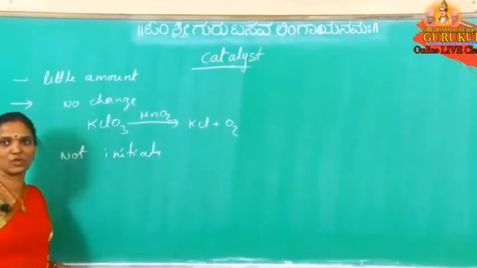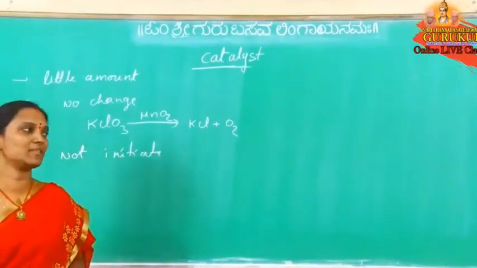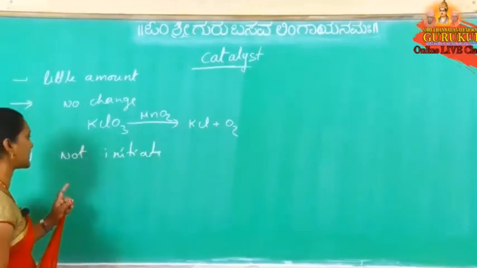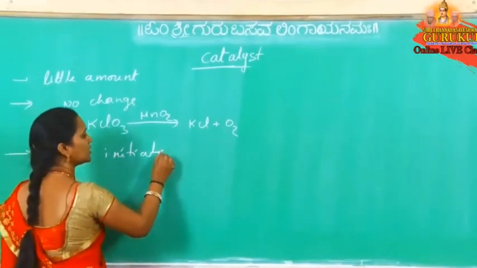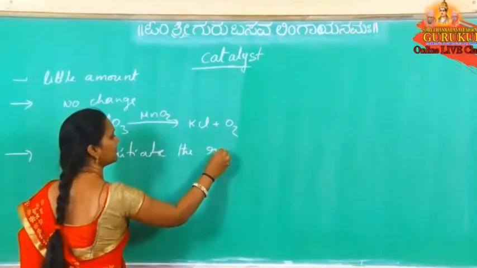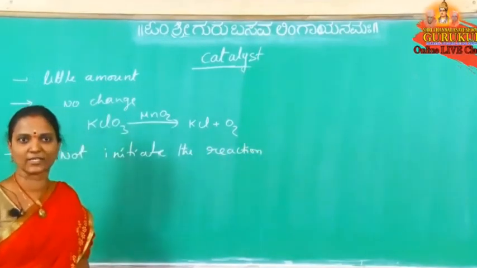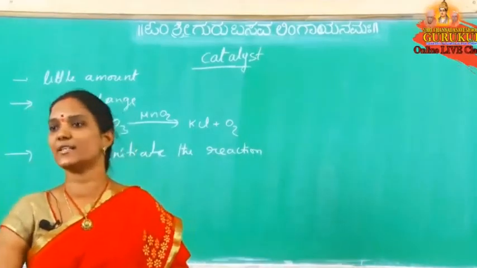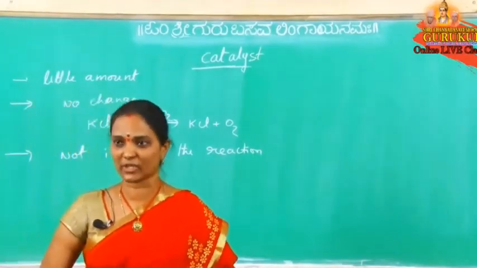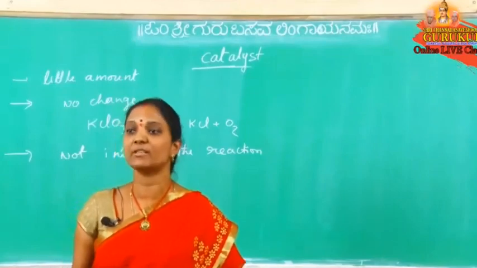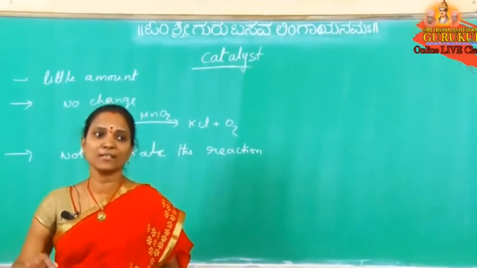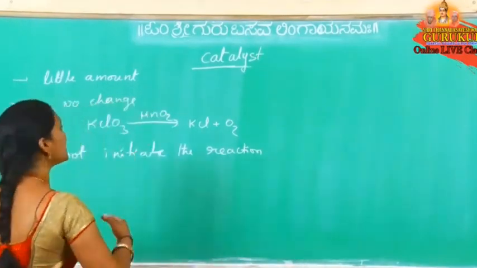H2 plus O2 does not start, but when platinum is added, the reaction will start. Like this, exception cases are there, but the general statement is that a catalyst does not initiate the reaction. If the reaction has started, then the catalyst speeds up the reaction, or alters the rate of reaction, but it does not initiate the reaction.